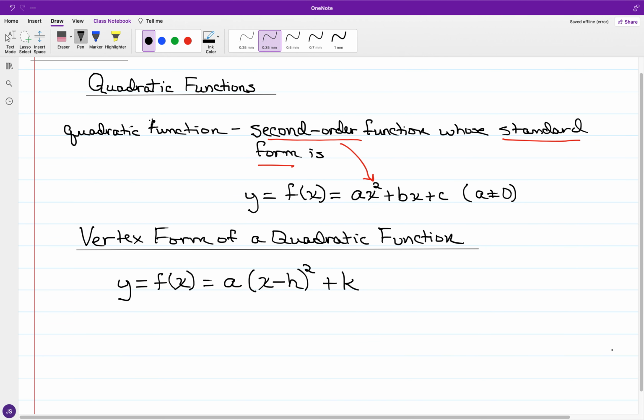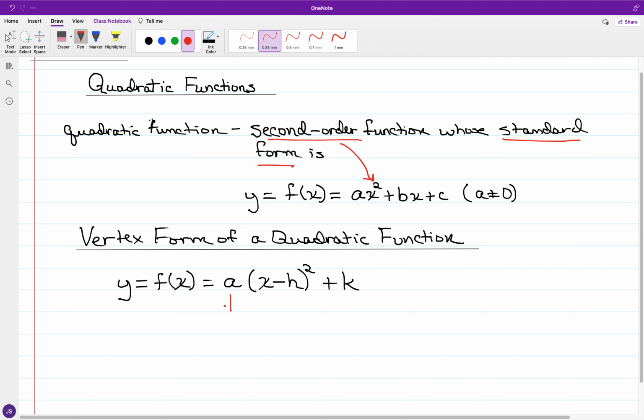Right? And for the vertex form, we're looking at the same function. Again, ax squared plus bx plus c is the standard form. Vertex form, you have this other layout, and just some guidelines here.